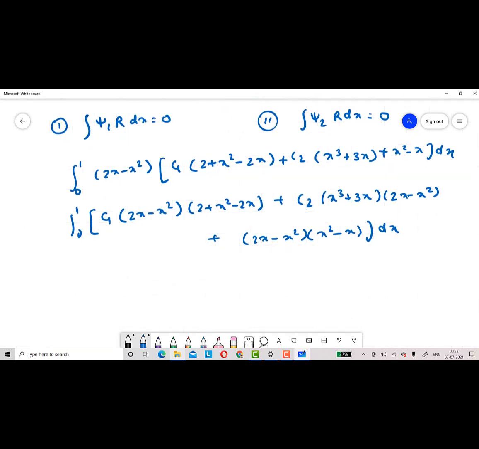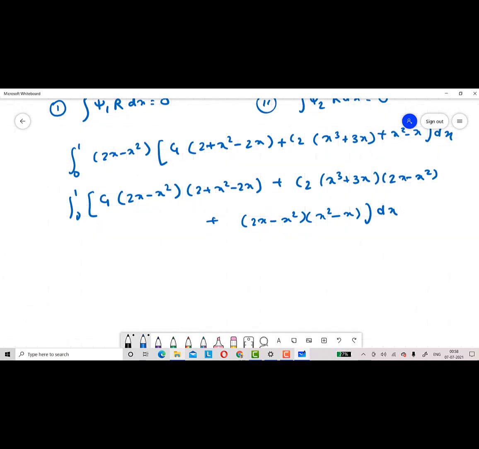I have made a video on how to use a calculator for integration and for solving the equations for C1 and C2. In case you do not know, you can watch these videos also.